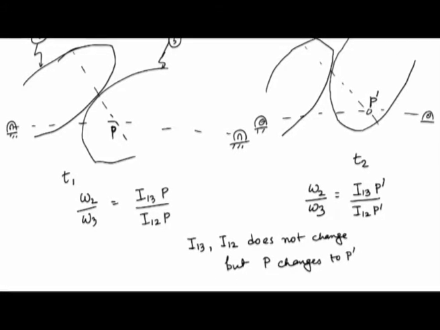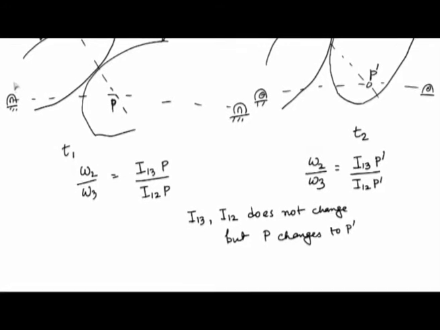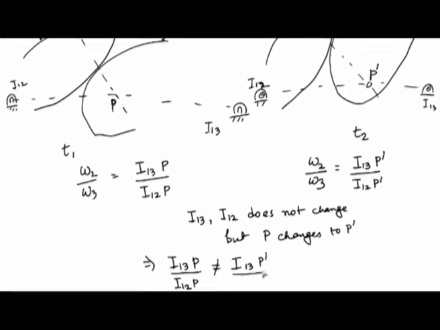So, if P changes, but these two points, I12 and I13, have not changed, these locations have not changed, that means the ratio I13P, the distance between the point I13 and P, divided by the distance I12P, cannot be equal to I13 P prime divided by I12 P prime.